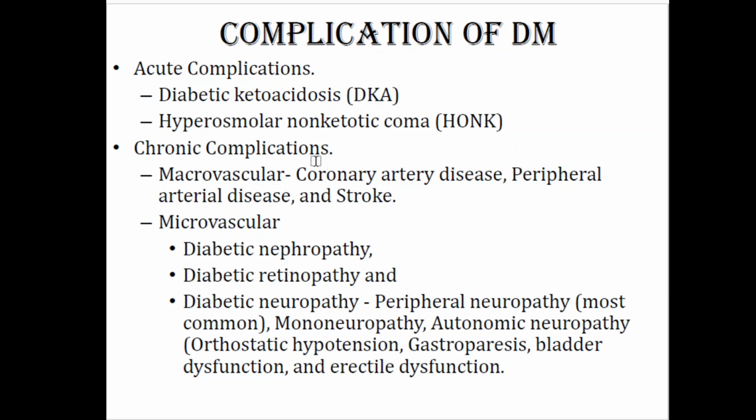The second one is chronic complications. Chronic complications are of two types, macrovascular and microvascular. Macrovascular complications of diabetes mellitus are coronary artery disease, peripheral arterial disease, TIA and stroke. These are macrovascular, and microvascular are diabetic nephropathy, diabetic retinopathy and diabetic neuropathy.